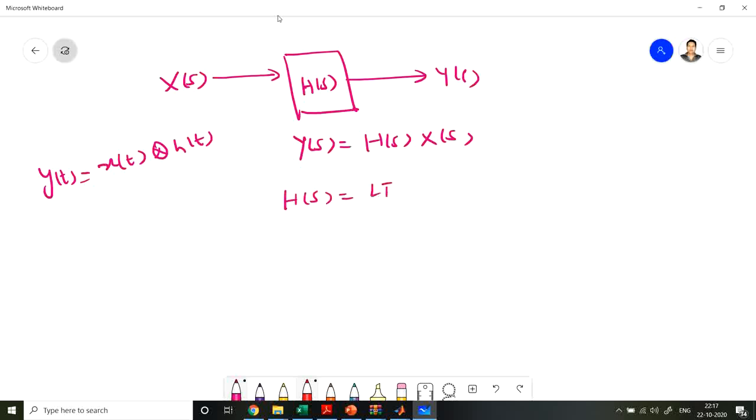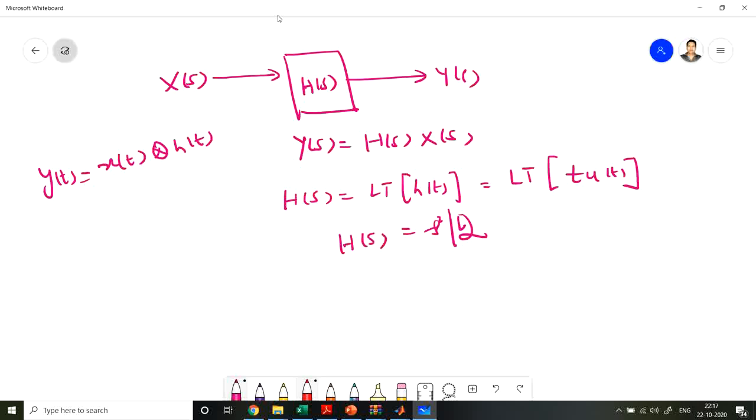H(s) is the Laplace transform of h(t), and h(t) is t u(t). The Laplace transform of this is H(s) equals 1 divided by s square.